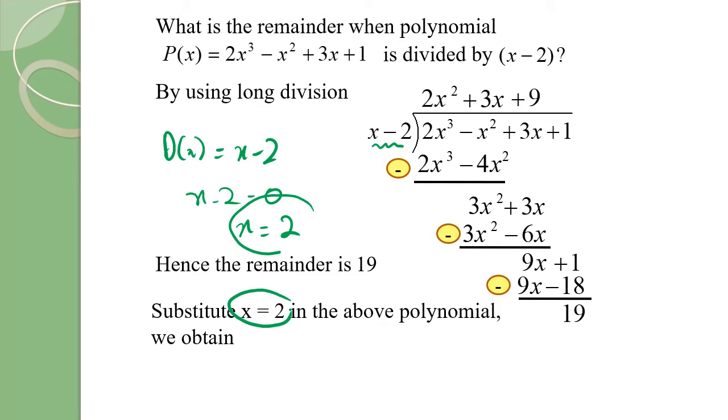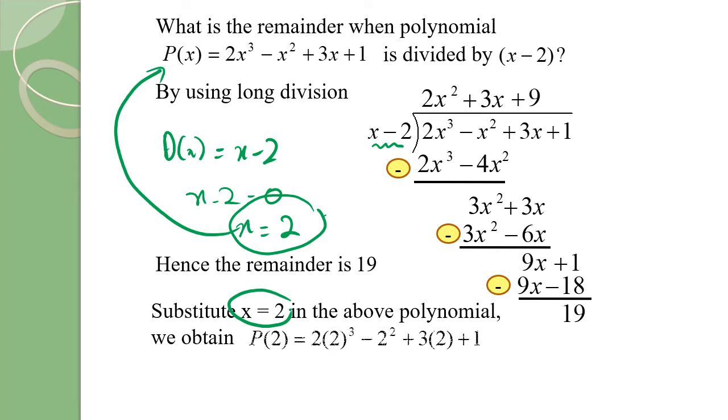If we substitute this x equal to 2 into the polynomial p(x), what we obtain is equal to 19. So 2 times 2 cubed minus 2 squared plus 3 times 2 plus 1 is equal to 19, which is the remainder. Right? The same value we get when we do the long division, where the remainder is equal to 19.